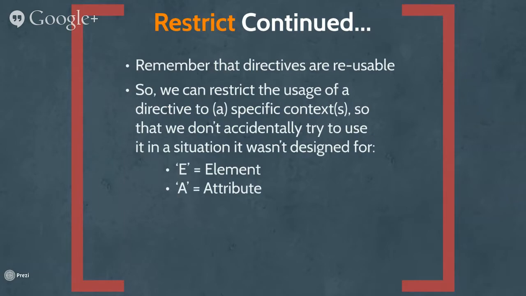So here are the four options. Attribute, which is an attribute on a div or something like that. You can name it whatever you want. A simple directive would have simple-directive equals, and then whatever; you can actually leave an attribute blank and still pick it up. Class, so you can have a CSS class name as a directive. And comment, which is deprecated, just for backwards compatibility.